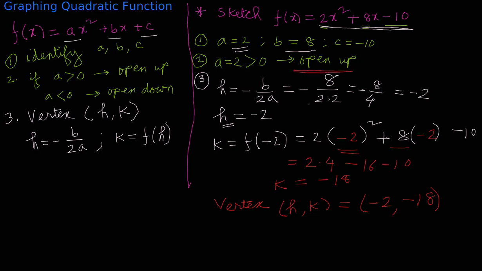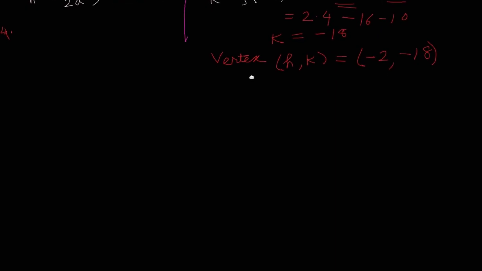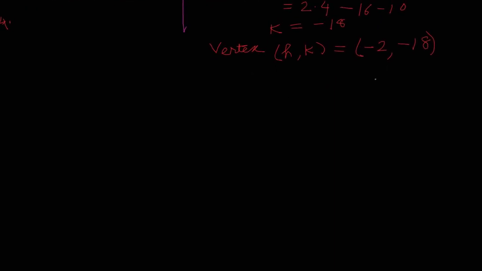So my graph opens up and the vertex is at negative 2, negative 18. Before I write step number 4, I am going to plot whatever we already found.